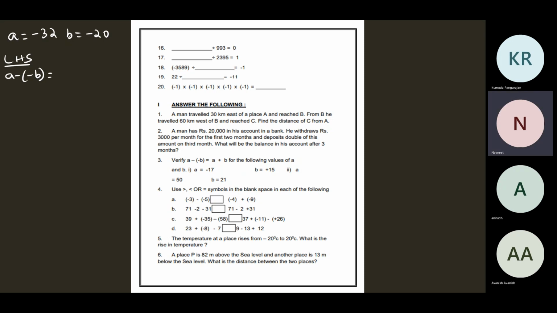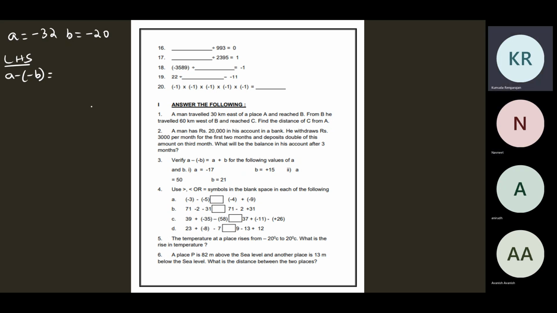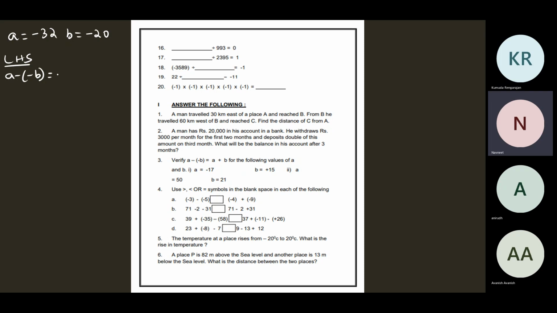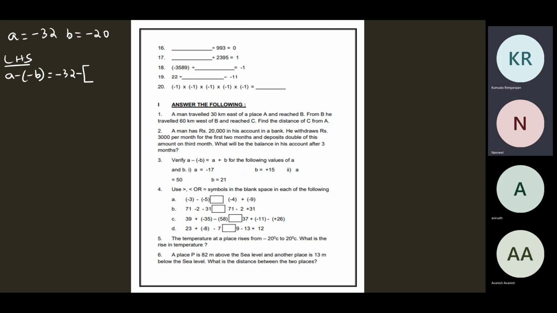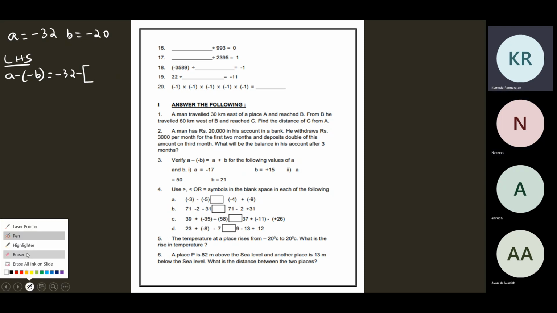Ma'am, can I say? Yeah, Navneet. Ma'am, it is minus 32 minus bracket 20, I think. See, you should not simplify. You must write. First, you should just substitute. See, I'll tell you, you people don't take instructions at all correctly.